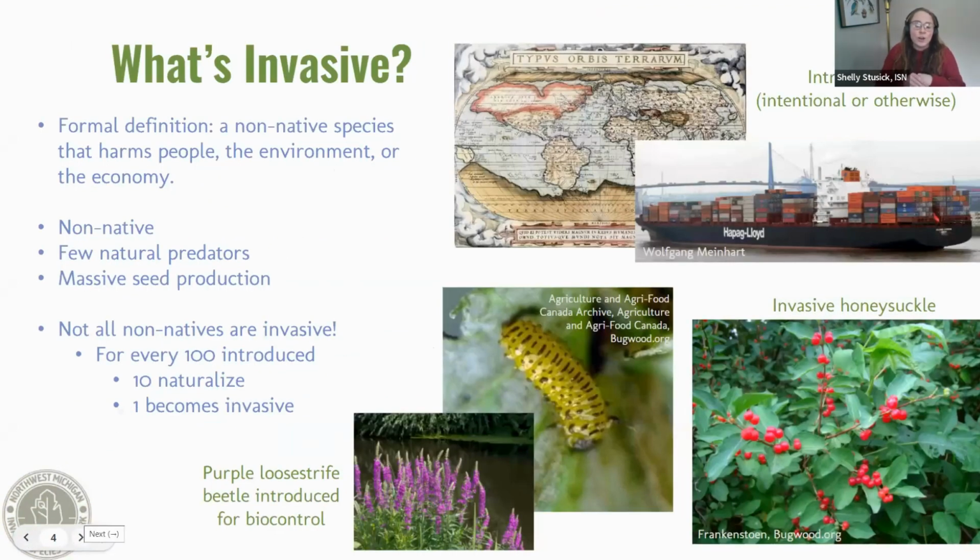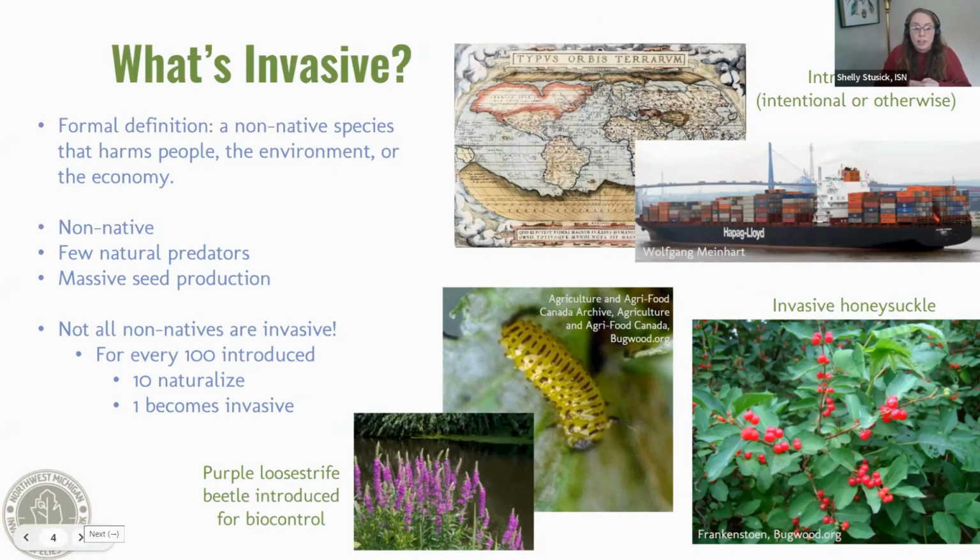Go back, yeah. So I just wanted to point out that when we think of non-native and invasive, they are 2 different things, but all invasives are non-native. So for every 100 species introduced, on average, about 10 naturalize and are able to reproduce in another region, and about 1 becomes invasive.